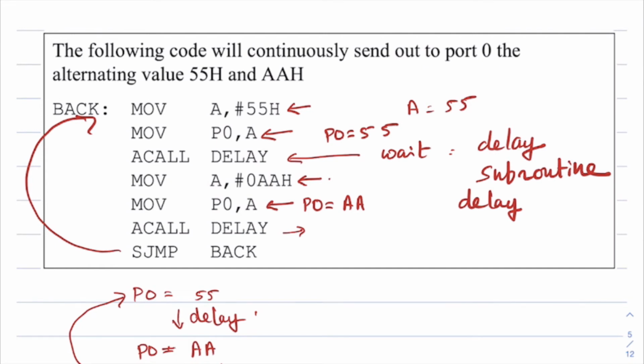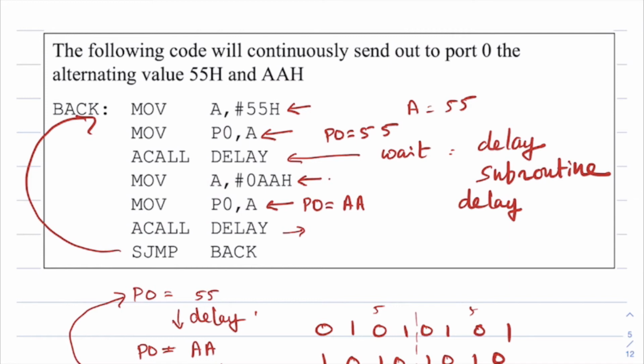Basically if you are connecting some LEDs to this P0, the LEDs will alternately glow. 55 is 01010101, this is 5 and this is 5, and AA is 10101010. So if you are connecting LEDs to this port, alternate LEDs will glow.